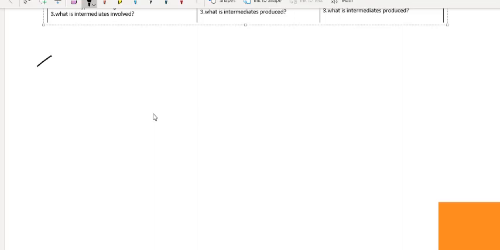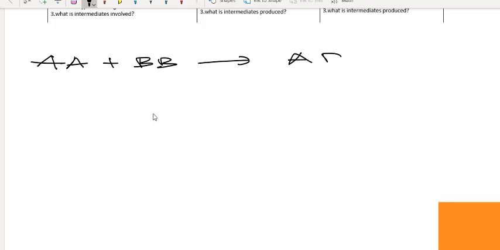For example, let's say A2 plus B2 to produce AB plus AB. So that means we got 2AB. For the reaction to occur, the bond between AA must be broken, and the bond between BB is also broken.